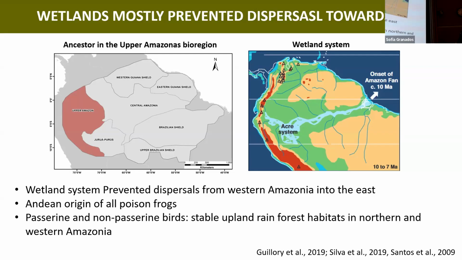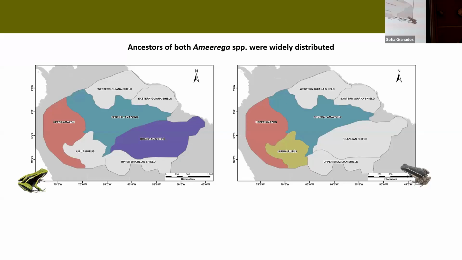And these two genera also originated in western Amazonia. This is a pattern that is also recovered in passerine and non-passerine birds, where around that time there were more stable populations here in northern and western Amazonia. However, for these two species, the ancestor was not only here, but also in other regions. They were more distributed.